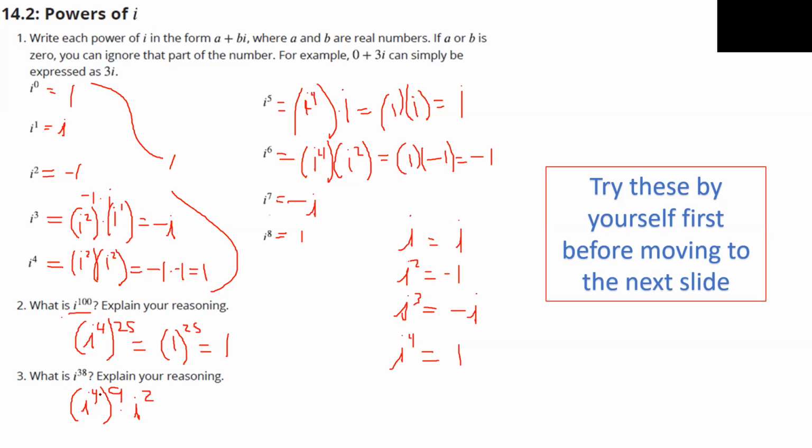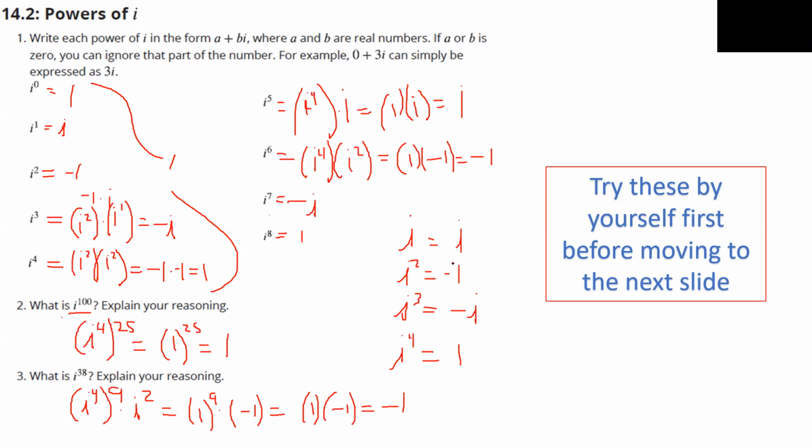Well, since we know that i to the 4th is the same thing as saying 1, then we have 1 to the 9th power times, and we know that i to the 2nd power is equal to -1. So then we multiply this by -1, and 1 to the 9th is just 1 times -1, and our answer equals -1. So i to the 38th power is equal to -1.